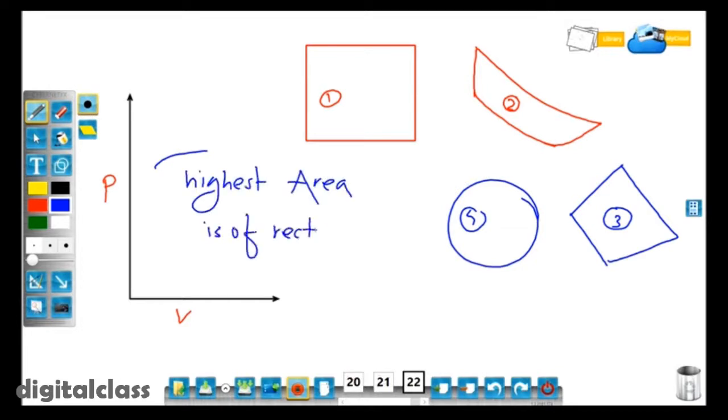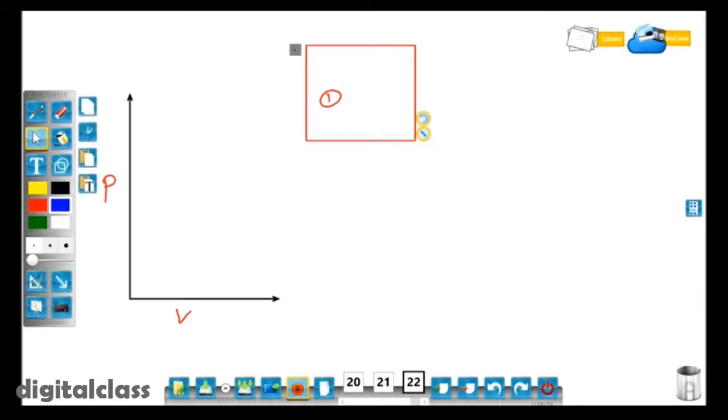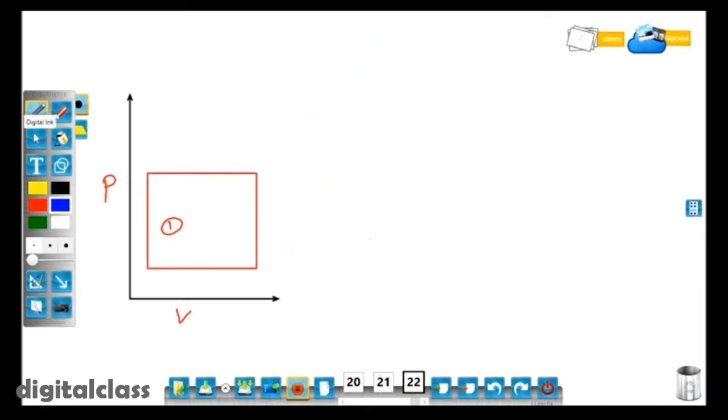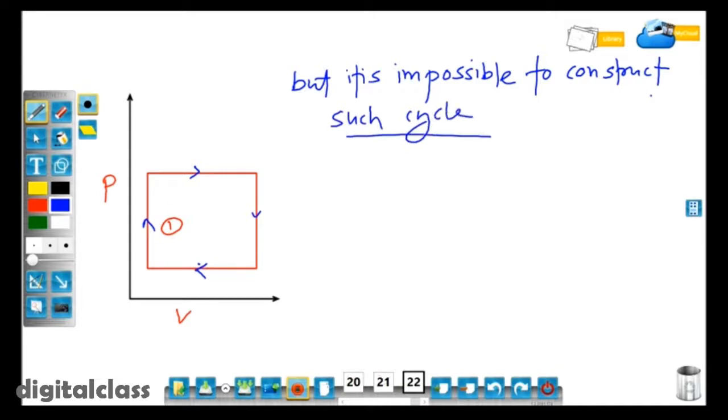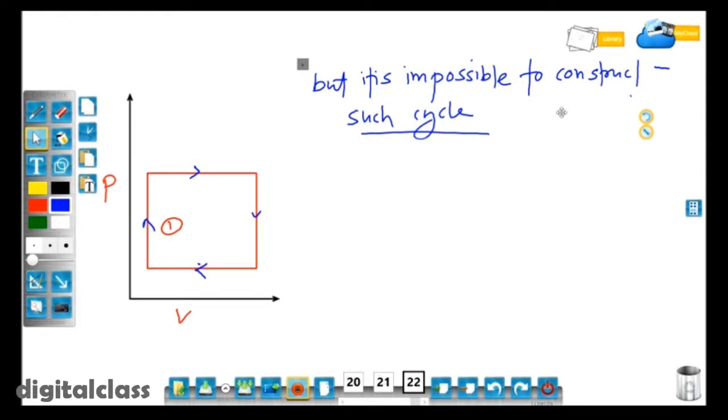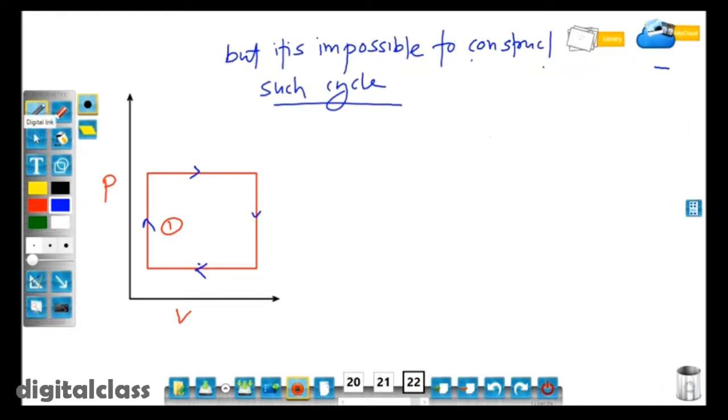Here we have observed that the rectangle gives the highest area, means if processes are arranged in such a way that this gives a rectangle cycle, then the work done obtained on a PV diagram will be maximum. But this is impossible. Then we are going to see why this is impossible.